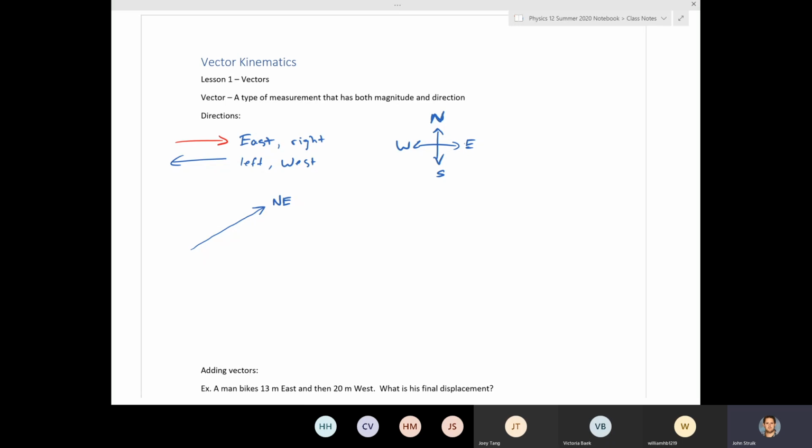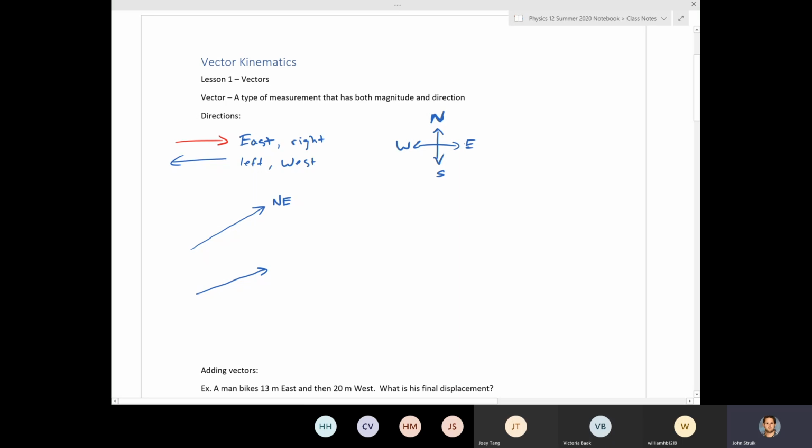Okay, so if that's northeast, what's that? Let me draw that a little bit better. What's that? Is it also northeast? Yes. Okay. Yes, but those aren't in the same direction, so we can't call both of them northeast.